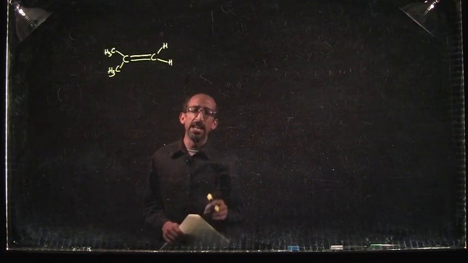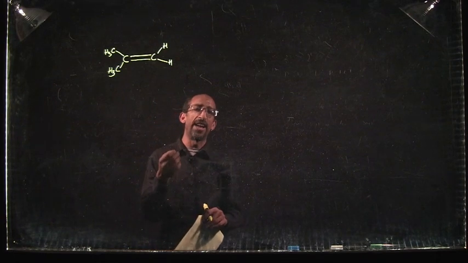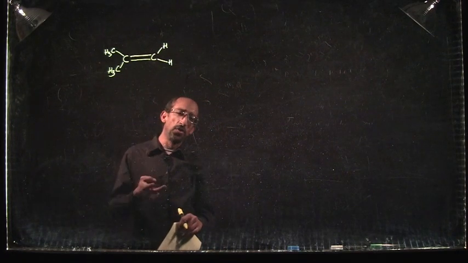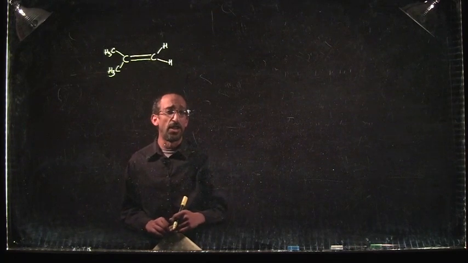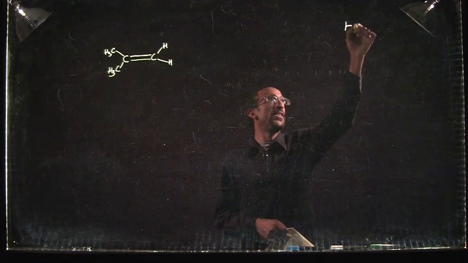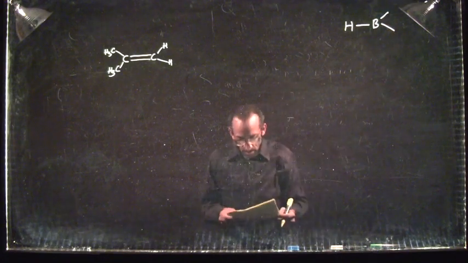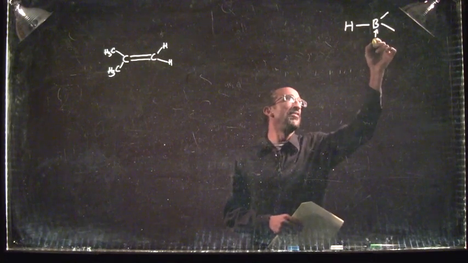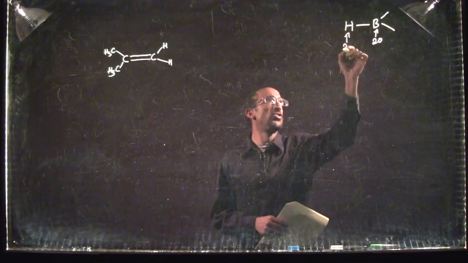Now, recall from the beginning of this video lecture that we said the boron atom in any BH bond is going to be the electrophilic atom, right? This is for two reasons. One, we've mentioned it has an empty p orbital that's just ready and waiting to receive electrons. But I'd also like to point out that if we look at the electronegativity of these two atoms in a boron-hydrogen bond, the electronegativity of boron is 2.0 on the Pauling scale, where the electronegativity of hydrogen is 2.1.